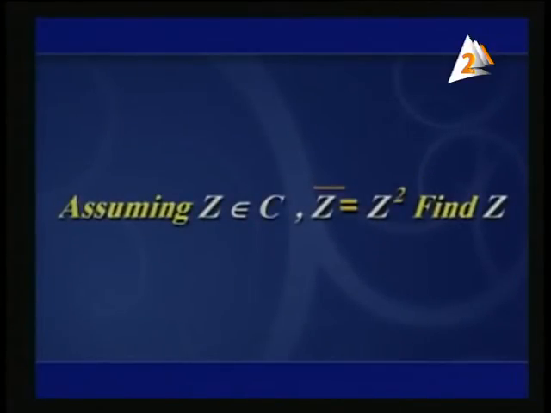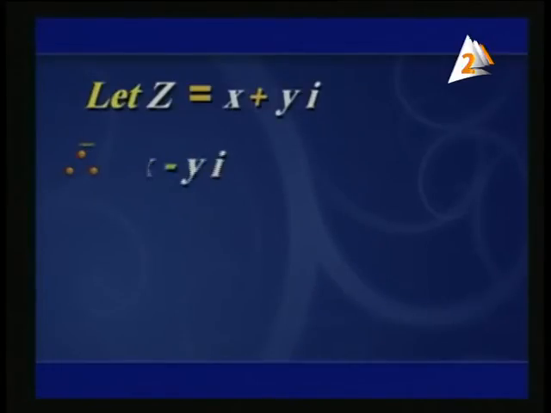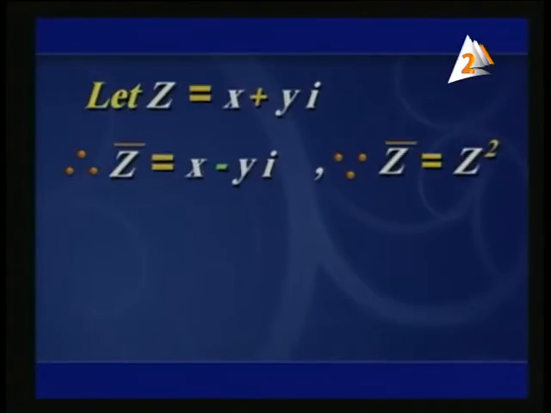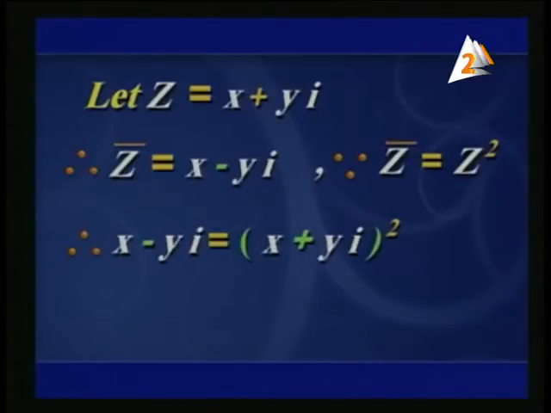Assuming that z belongs to C and z bar equals z squared, find z. Solution. Let z equals x plus yi, therefore z bar equals x minus yi, the conjugate. Since z bar equals z squared, therefore x minus iy equals (x plus yi) all squared.